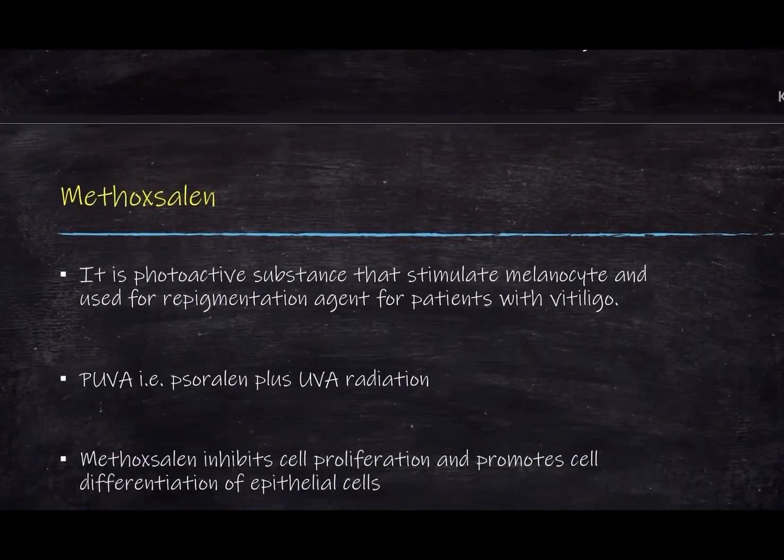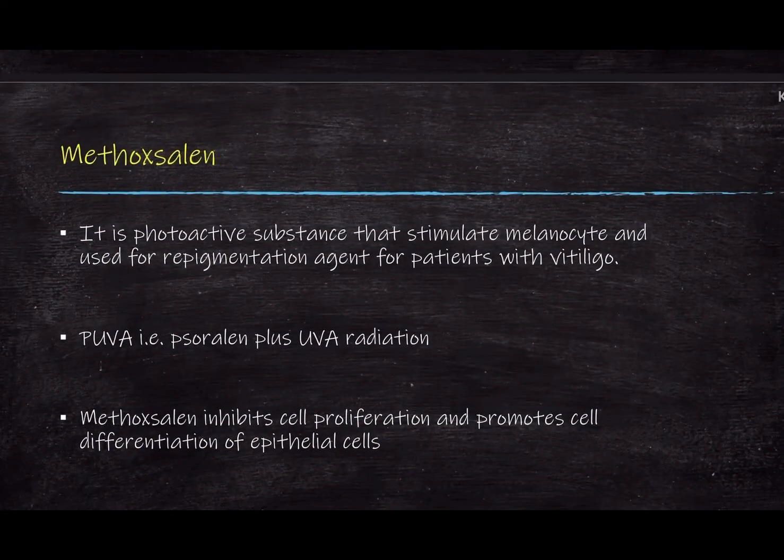Next is methoxyline. It is a photoactive substance. It stimulates melanocytes, and is used as a repigmentation agent for patients having problems like vitiligo. PUVA, that is psoralen plus UVA radiation. As I told you earlier, if you have to use psoralen, then it should be combined with UV radiation, and this treatment is called PUVA, that is psoralen plus UVA radiation.